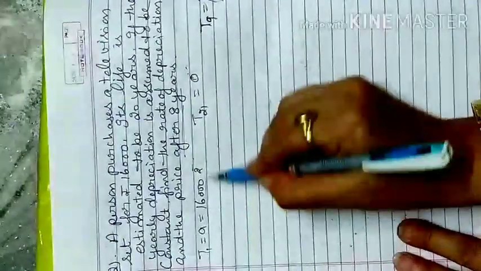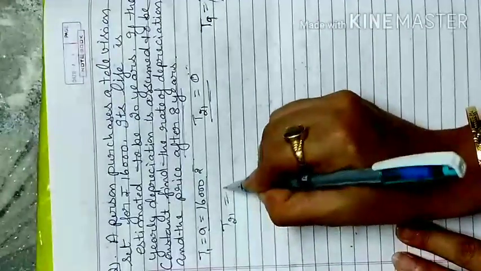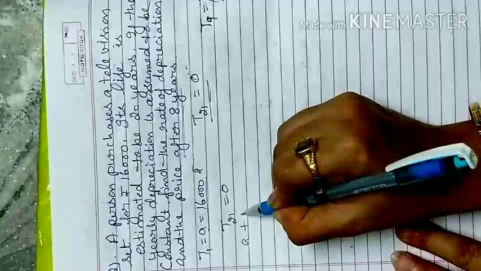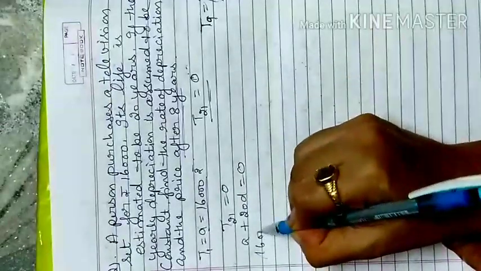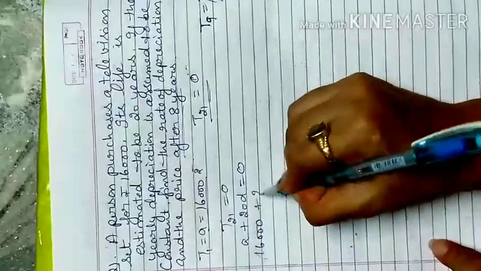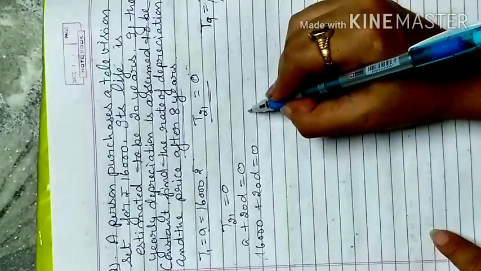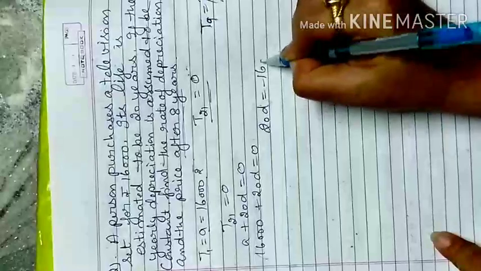Okay, the first term is given, and according to the statement the 21st term is equal to 0. If I apply the AP formula, a plus 20d is equal to 0. A value is 16,000, so 16,000 plus 20d is equal to 0, and 20d is equal to minus 16,000.